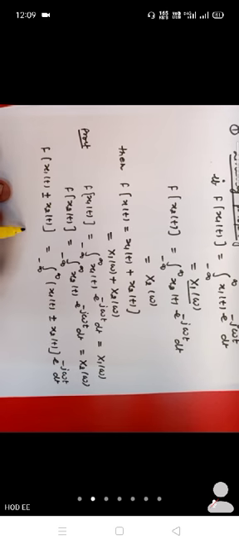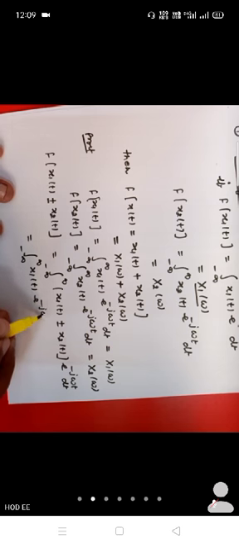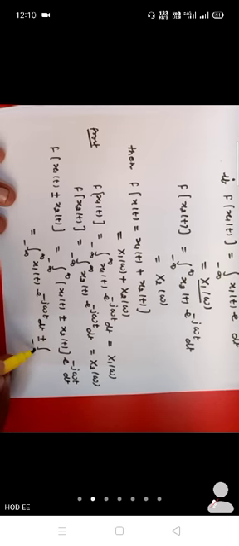We can break this integration into the integral of x1(t) e raised to the power minus j omega t dt plus minus the integral from minus infinity to plus infinity of x2(t) e raised to the power minus j omega t dt.